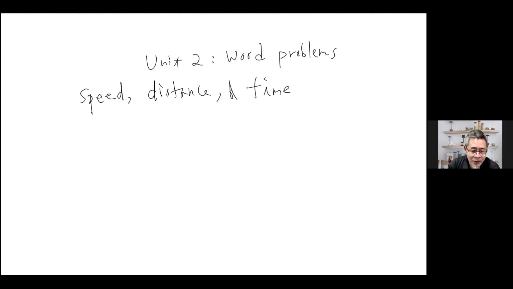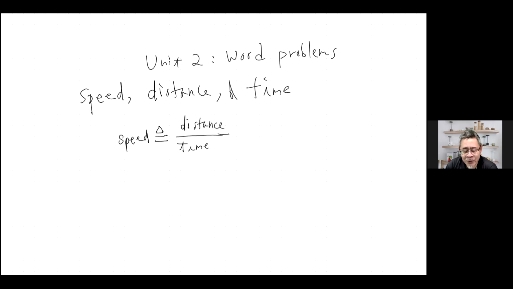Now, in terms of speed, the first one is speed. We have a definition. Speed is defined, and we have this symbol for define, as the total distance that we traveled over the total time we traveled.